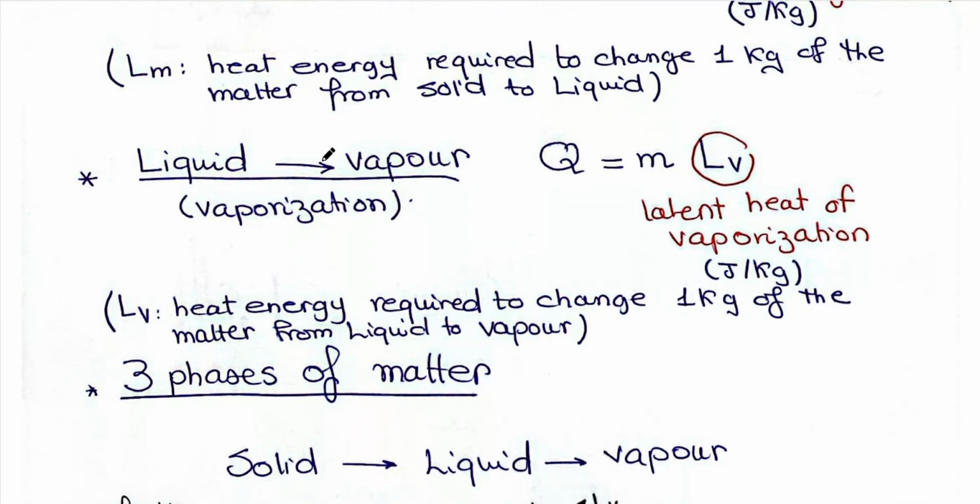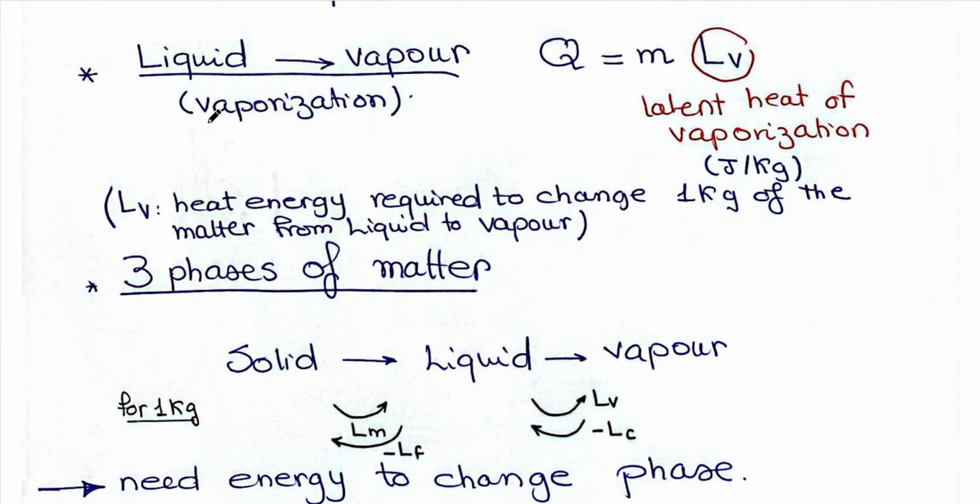If we are changing from liquid to vapor, this process is called vaporization, and now the amount of heat can be calculated as m Lv, the latent heat of vaporization. Latent heat of vaporization is the amount of heat required to change 1 kilogram of the matter from liquid to vapor.